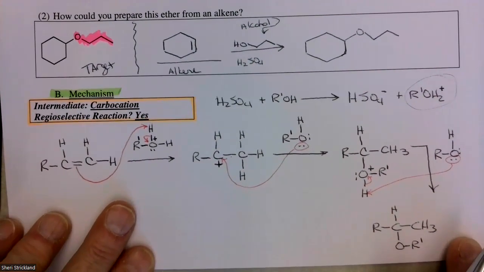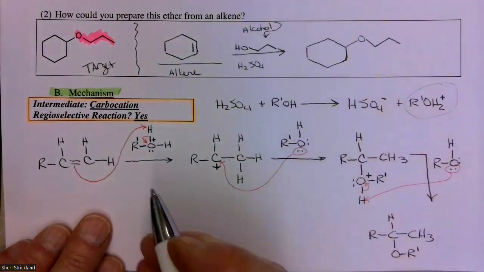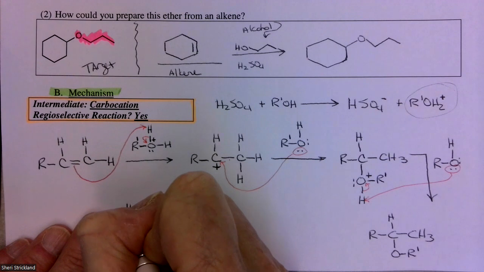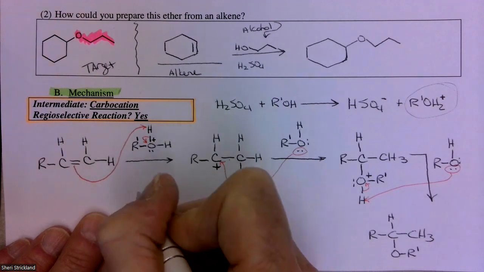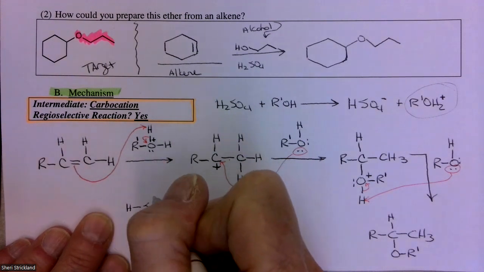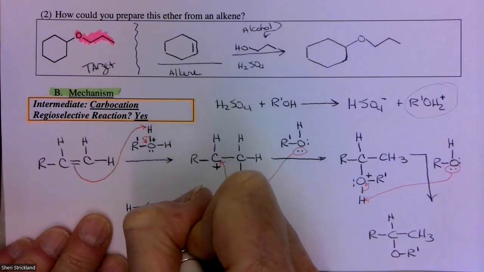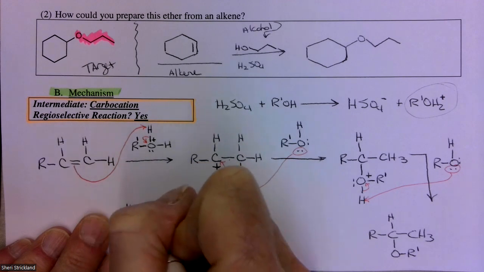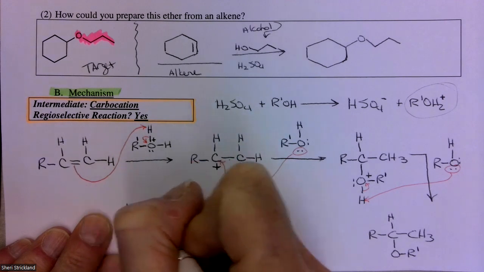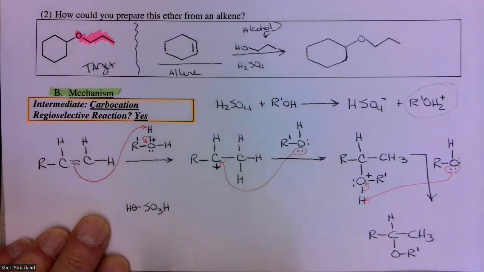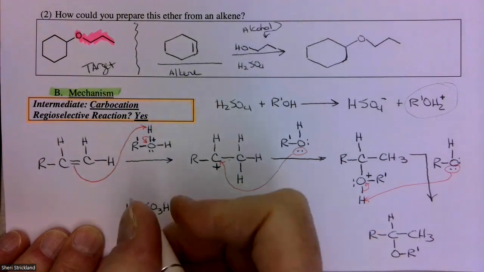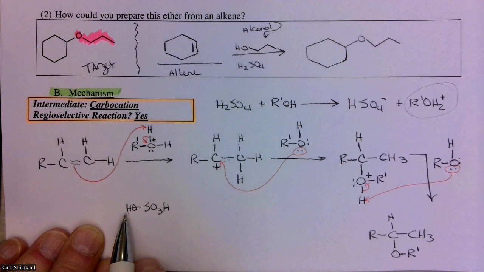Now, one other thing that you will see is that you may see sulfuric acid written like this, and then this donating a proton, and then you end up with the SO4H minus anion.